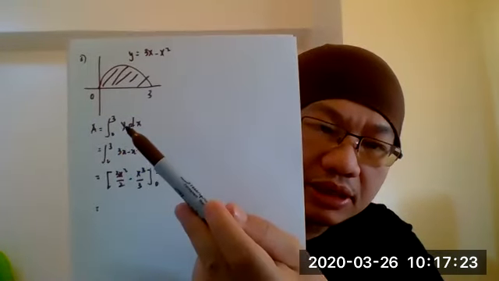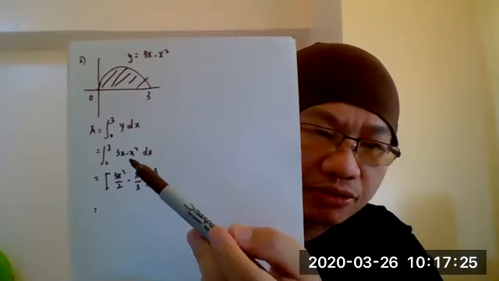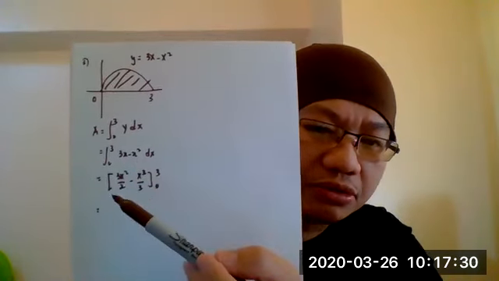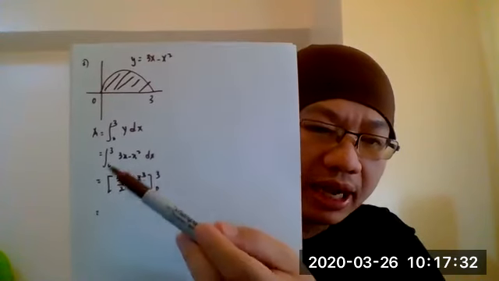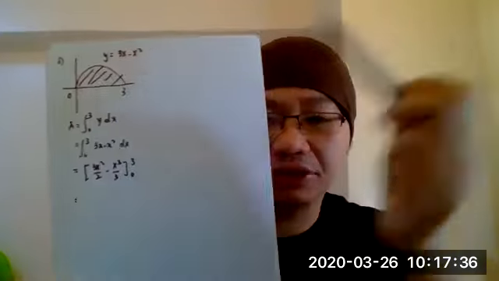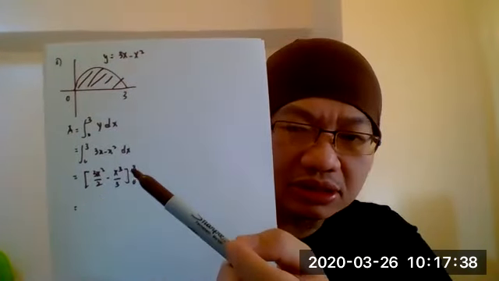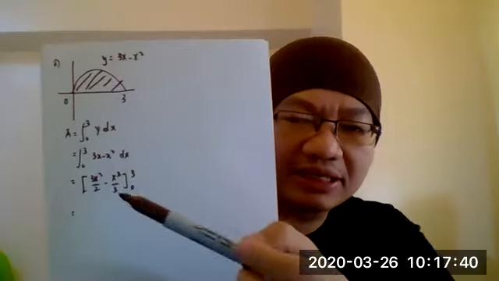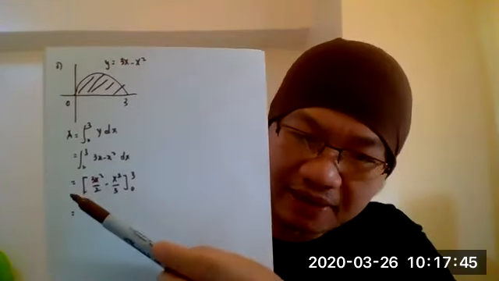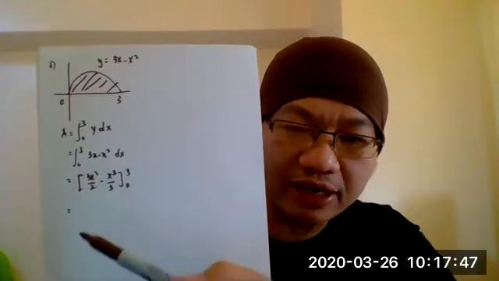So the y you just replace with 3x minus x squared, and then you do the normal integration. It becomes 3x squared over 2 minus x cubed over 3, and then the big bracket 0 to 3 limit. Then you need to show the substitution. Sub the 3 first, and then you minus the sub 0, then you get the final answer. I just skip that step. I just want to know the final answer.